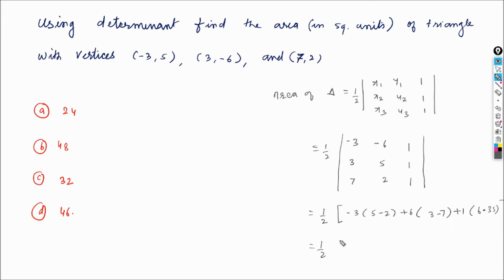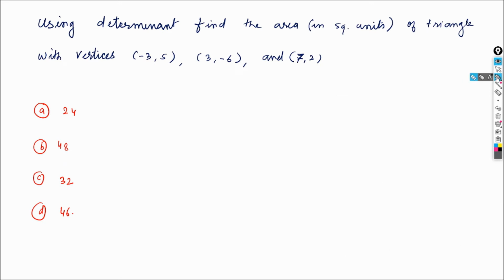It is 1 by 2 into minus 6 plus 3 minus 7, which means minus 4, minus 24, plus 6 minus 35 is minus 24.